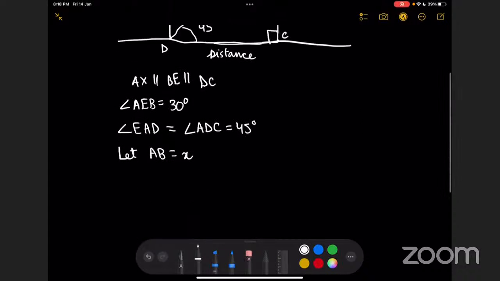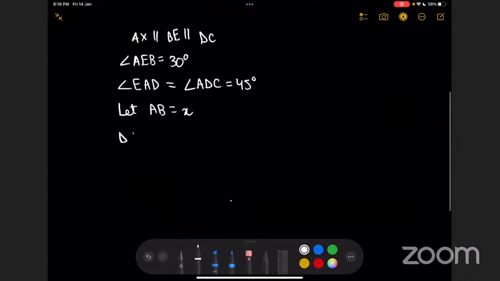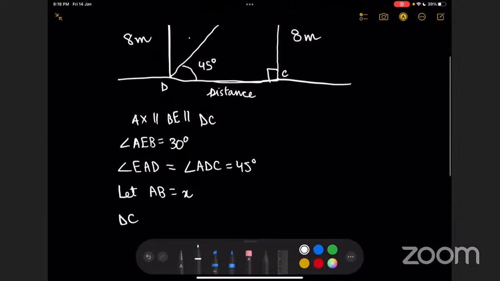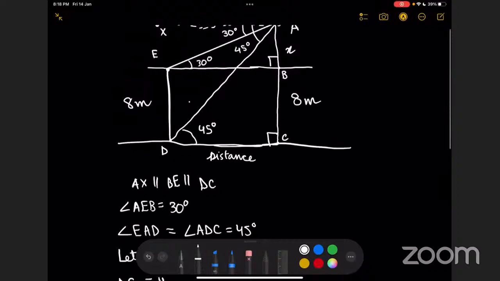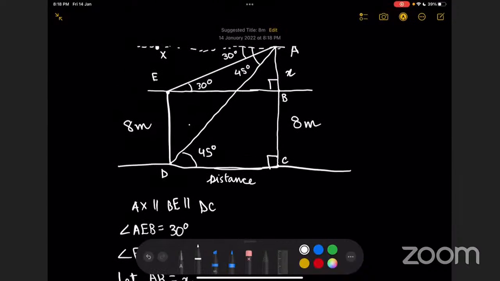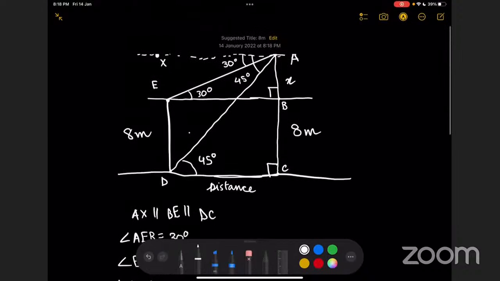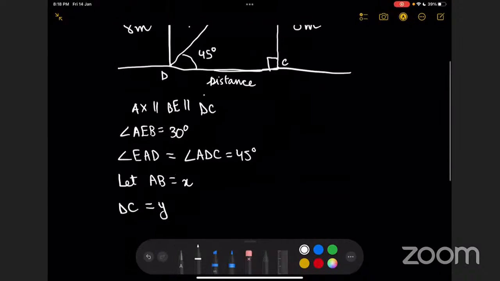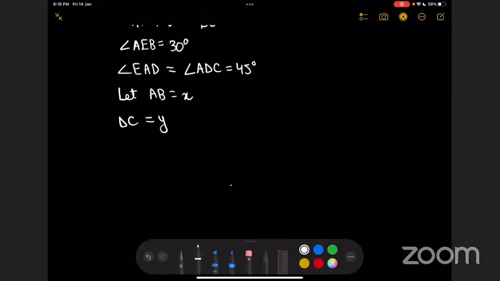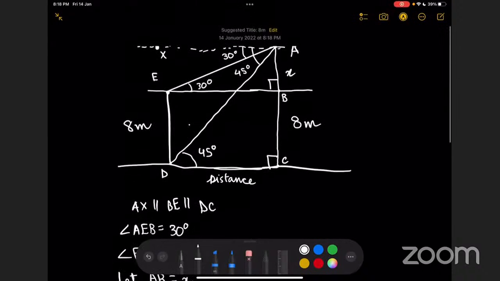X, and then let DC be Y. And then we can find out AC using tan 45, because that's the perpendicular.